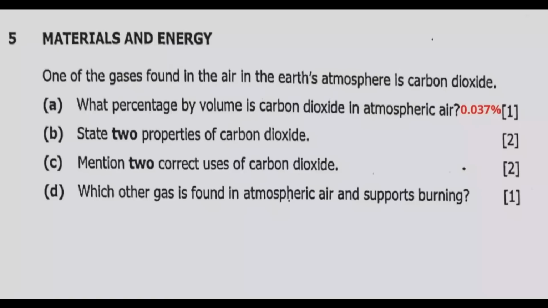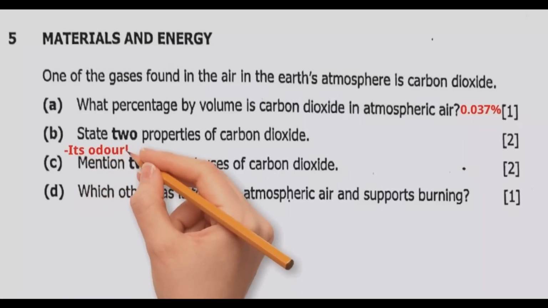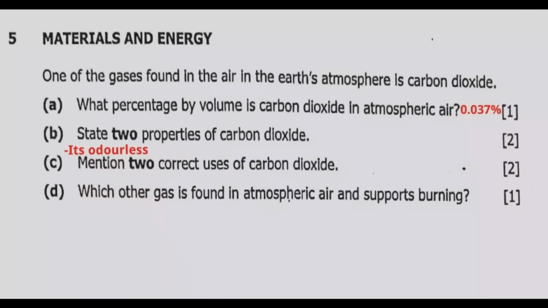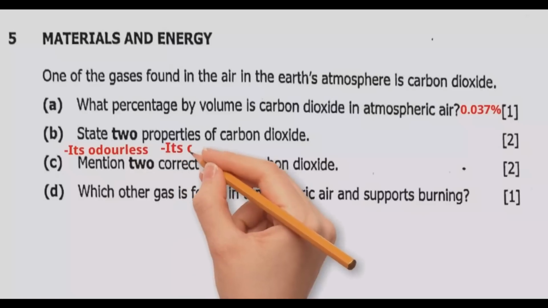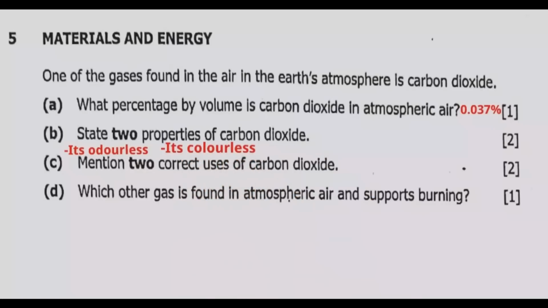Now question 5B is, state two properties of carbon dioxide. Since they want two, I'll give you three. One, it's odorless. That means it does not smell. Two, it is colorless. So you can't see carbon dioxide, it's colorless.